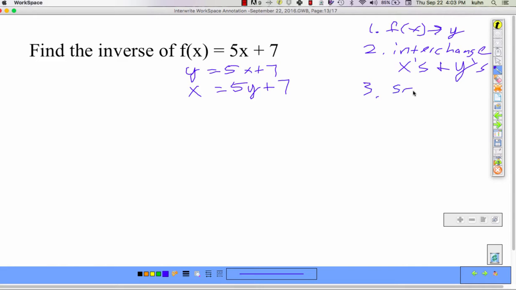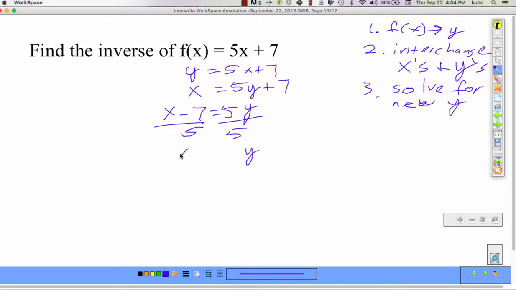Step 3, I solve back for my new y. So I have x minus 7 equals 5y. Divide by 5. Divide the whole thing by 5. Remember all your rules. And then y equals x minus 7 over 5.